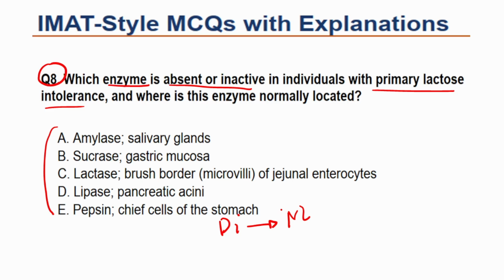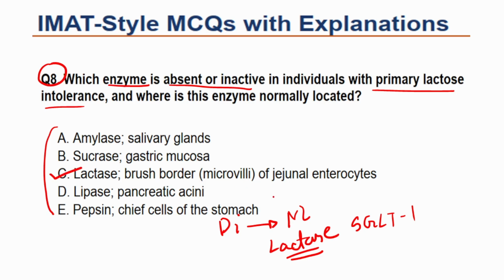This enzyme is structurally anchored directly to the microvilli that constitute the brush border of the jejunal enterocytes, ensuring that the production of glucose and galactose occurs right at the entry gateway of the SGLT1 cotransporters. Primary lactose intolerance presents a developmental or genetic downregulation of this specific brush border catalyst. Therefore, the correct answer is C, lactase, brush border of jejunal enterocytes.